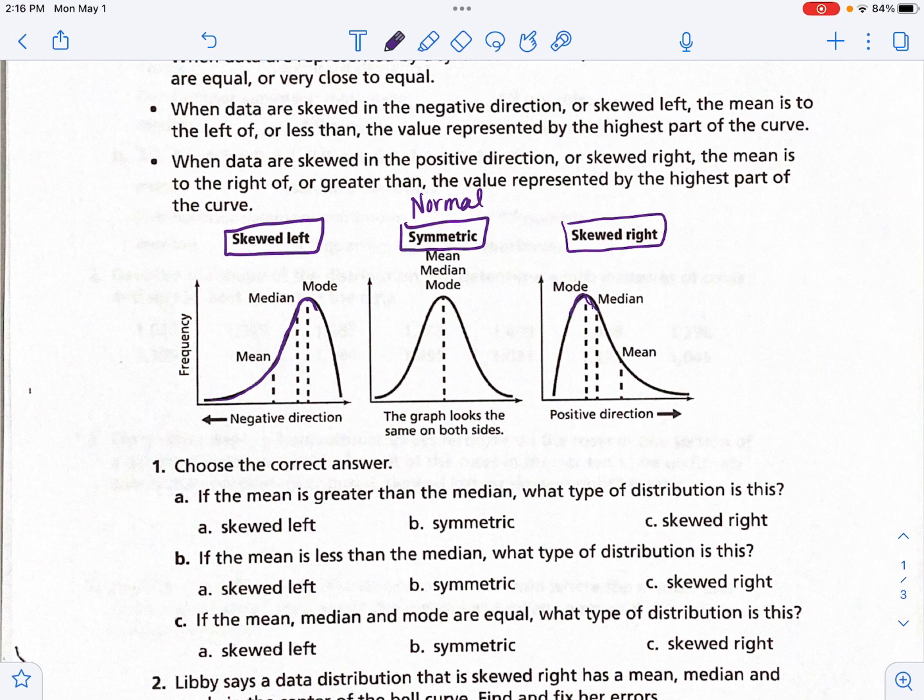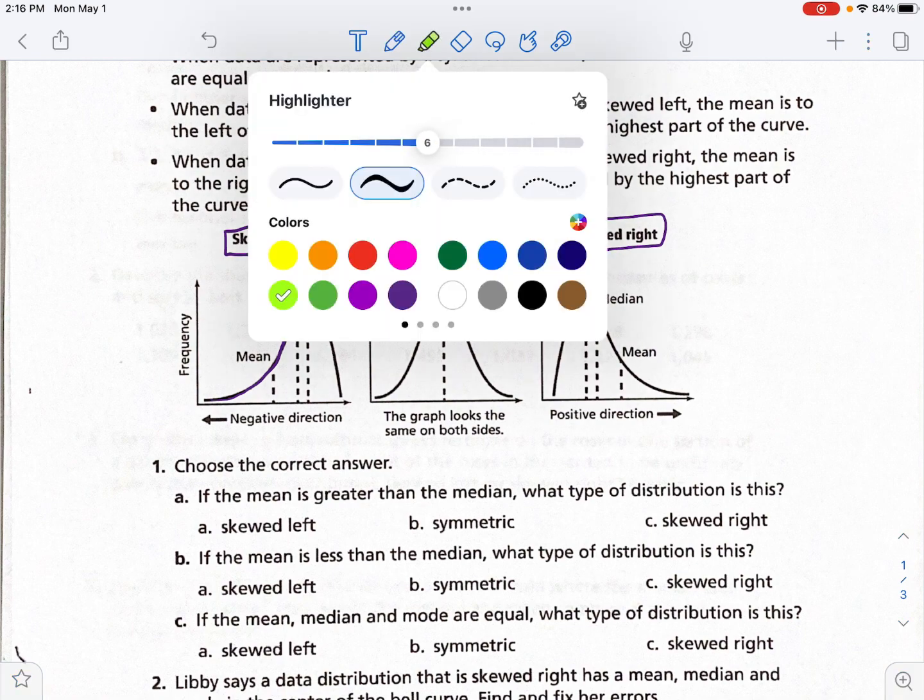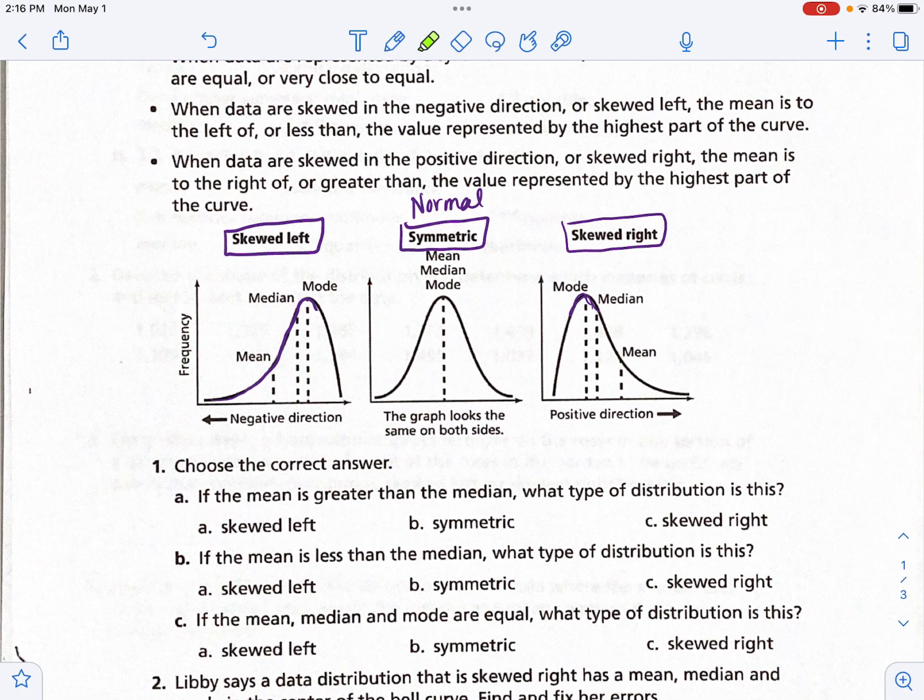Okay? So here's what I need you to know. When there are more numbers on the right or the left, so it's skewed left or right, we can see that the mean, median, and mode are all not the same, right? The mode is going to be the most, so that's always going to be your tallest bar. We can see that here.